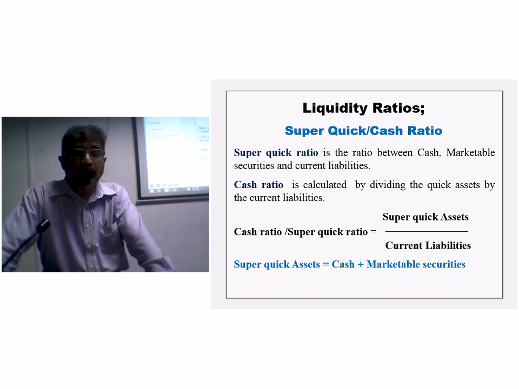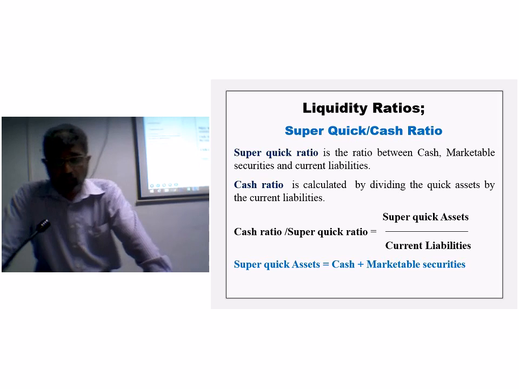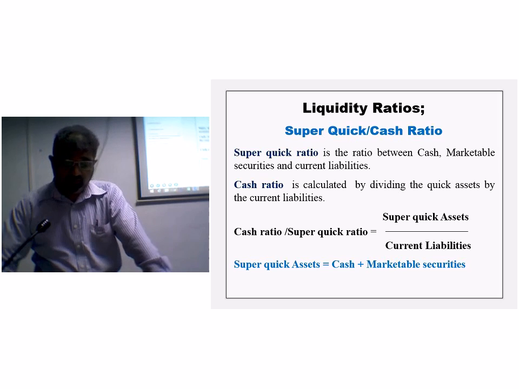Marketable securities means short-term securities. The cash ratio is calculated by dividing the super quick assets by current liabilities. Then again you can see the formula.